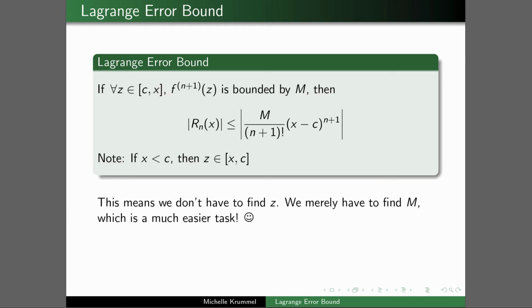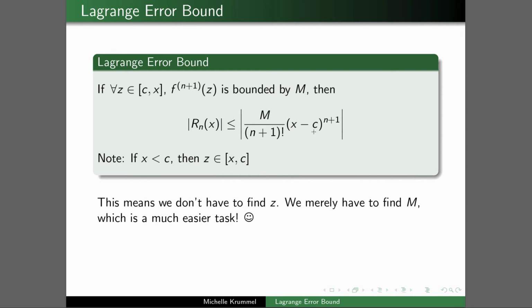The theorem tells us if for all z on an interval from c to x, where c is the center and x is the value at which we're making our approximation, so if for all z on that interval, the n plus first derivative evaluated at z is bounded by M, then we know that the absolute value of our remainder will be no more than the absolute value of M over n plus 1 factorial times x minus c to the n plus 1.